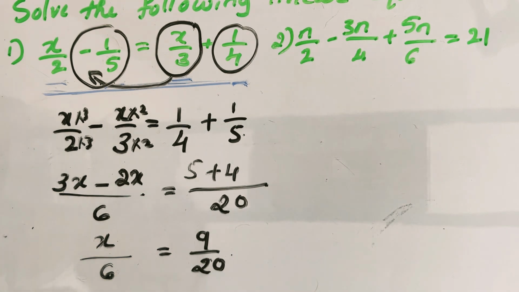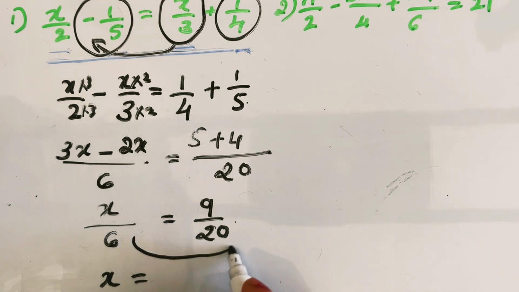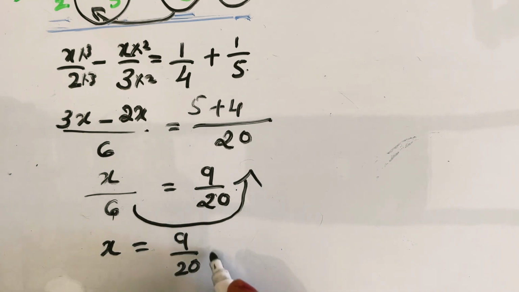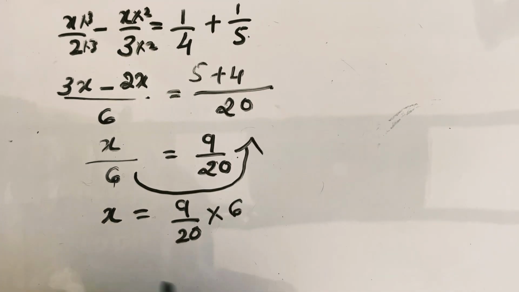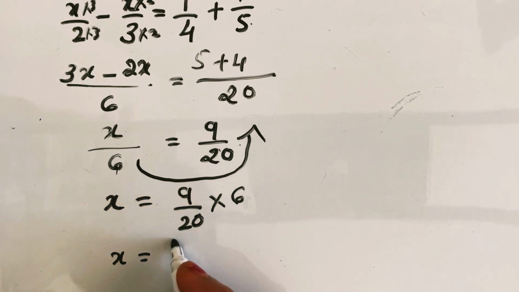So what is x? You take this 6 to the other side, so this divided by 6 will become multiplied by 6. So 9 over 20 multiplied by 6, which is nothing but x is equal to 9 times 6, 54, divided by 20.